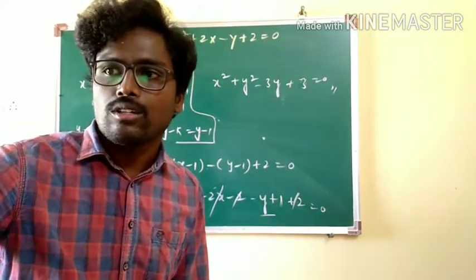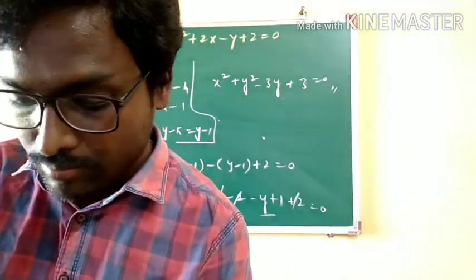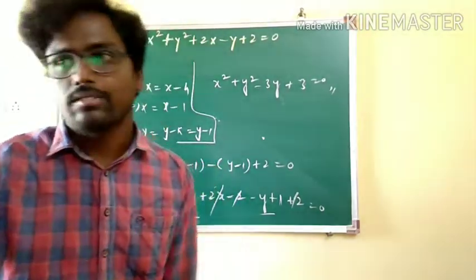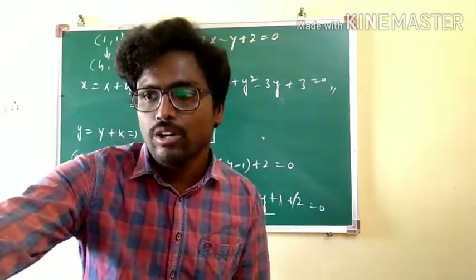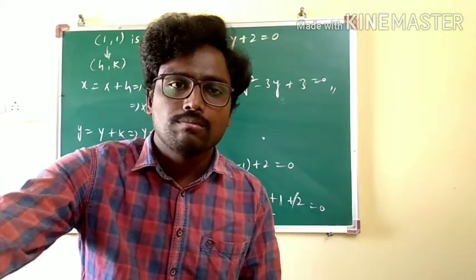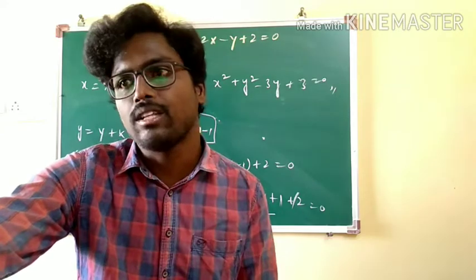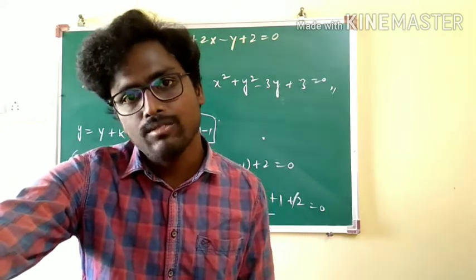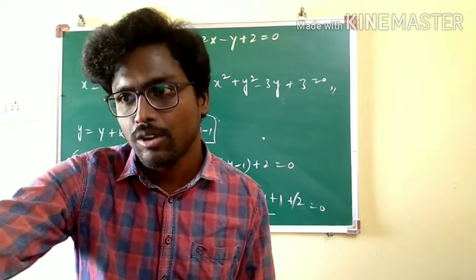See, in this way, you are supposed to work out the problems of transformed equations. It is type 1. Means in type 1 so far we have been discussing only the problems based on shifting the origin from 0 comma 0 to h comma k without changing the direction of the coordinate system, that is x axis and y axis.